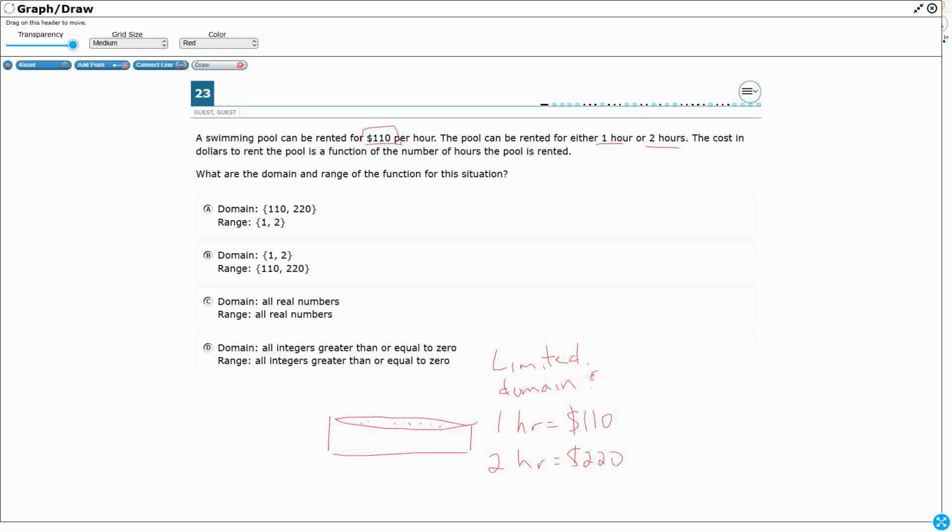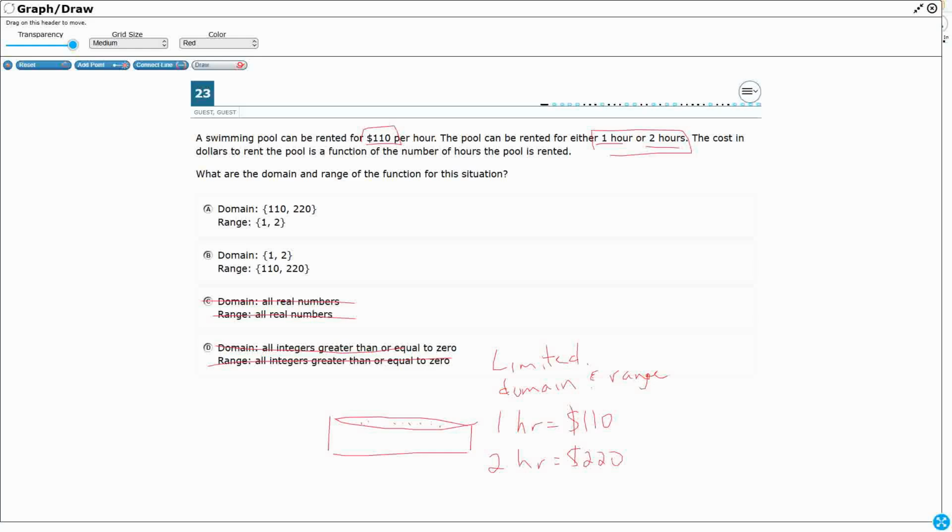It's not 1.5 hours, it's not 0 hours, it's not for 8 hours. They give us a limited domain and range, which means we're not going to have all real numbers, right? And then we're not going to have all integers greater than or equal to 0 because it's limited right here, 1 or 2 hours.